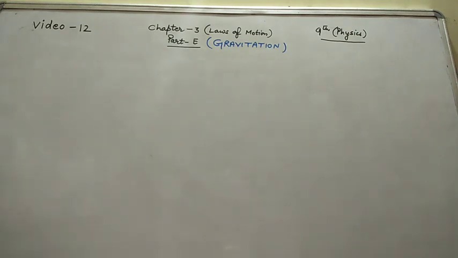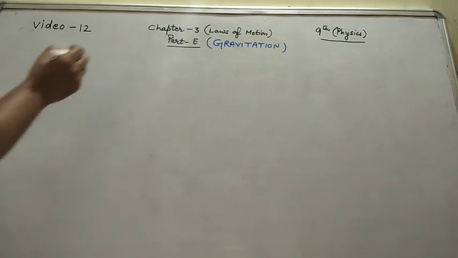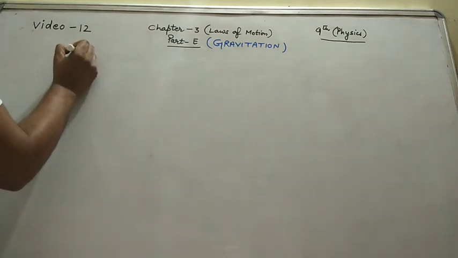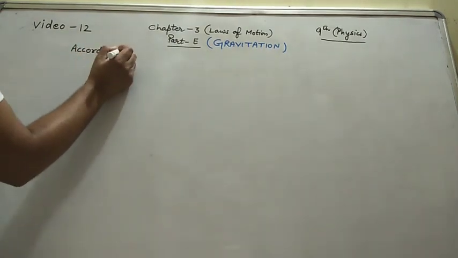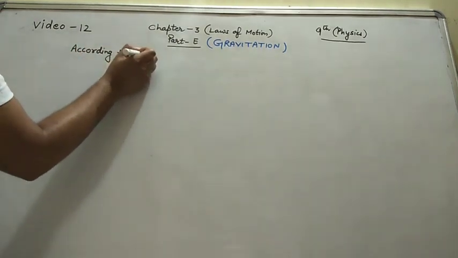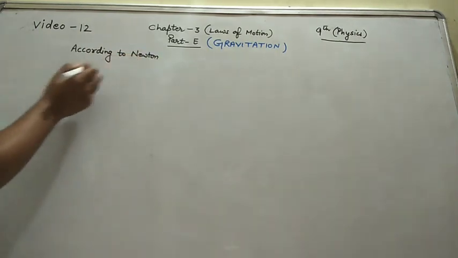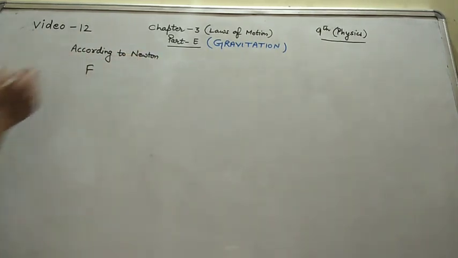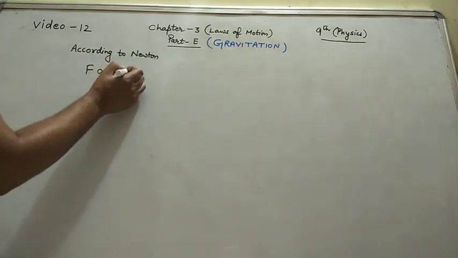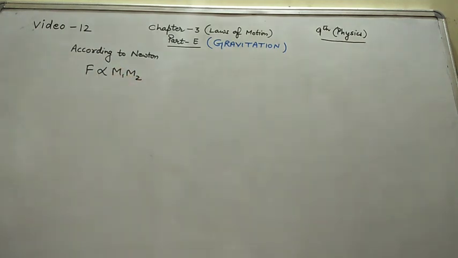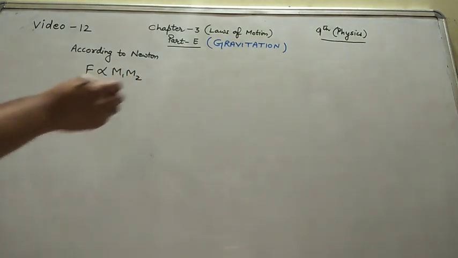As you know, Newton discovered this gravitational pull. So according to Newton, the force of gravitation is directly proportional to the product of masses m1 and m2.